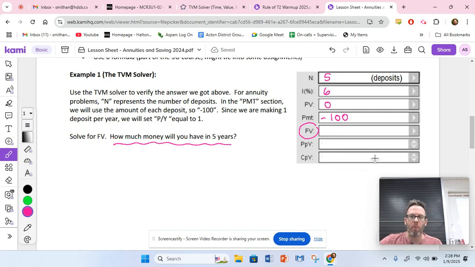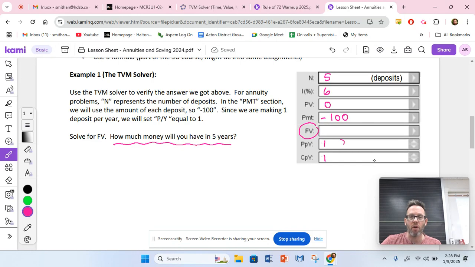And then this is where we'll also make use of our PPY. In this question, how many deposits per year were we making? 1 deposit per year. And our interest was also calculated annually.